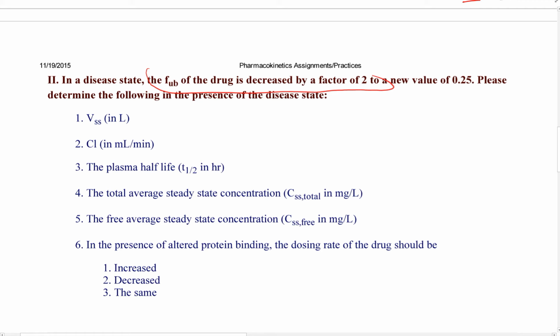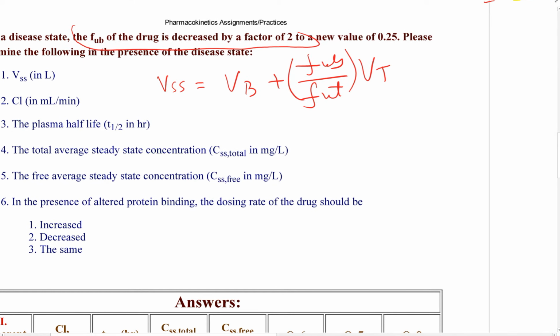Now number 1, let's go back. VSS, if you remember the equation, is VB plus FUB divided by FUT times VT. So what has changed? This one has changed, but there was no change here. So if you assume FUT is constant, then this ratio becomes half.